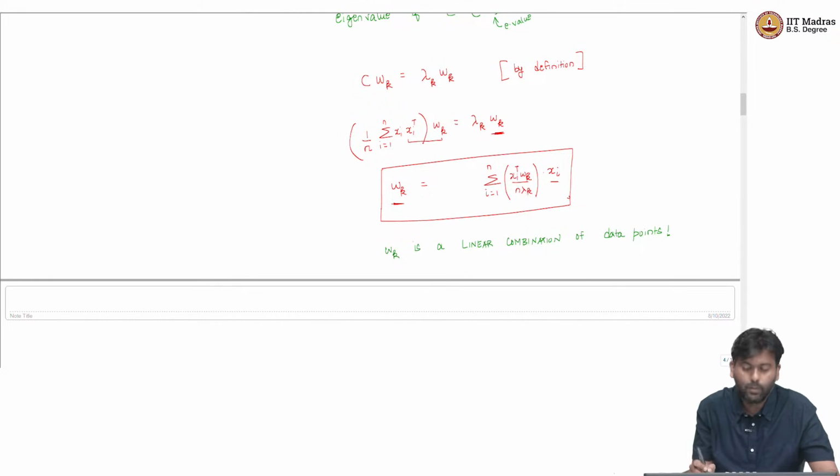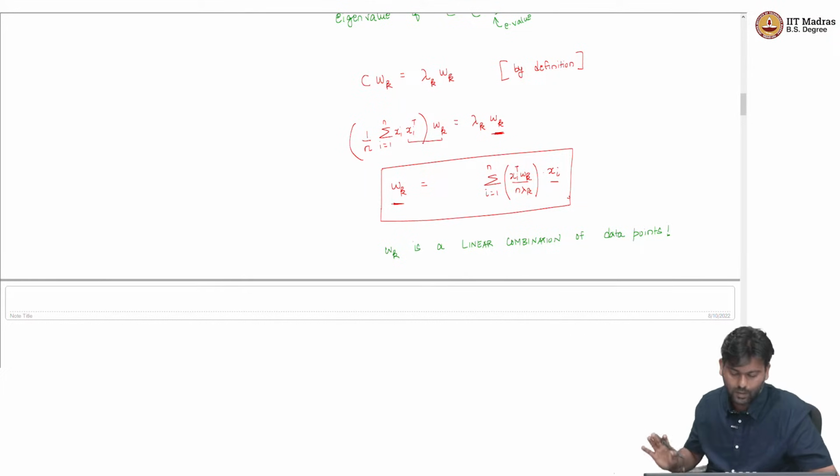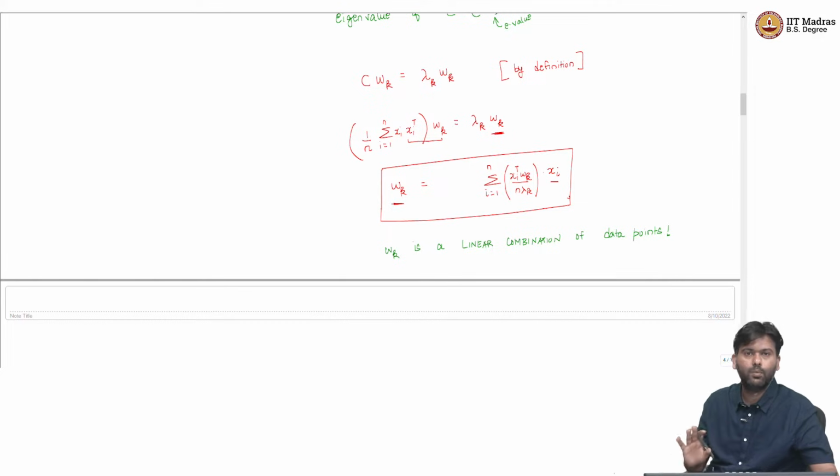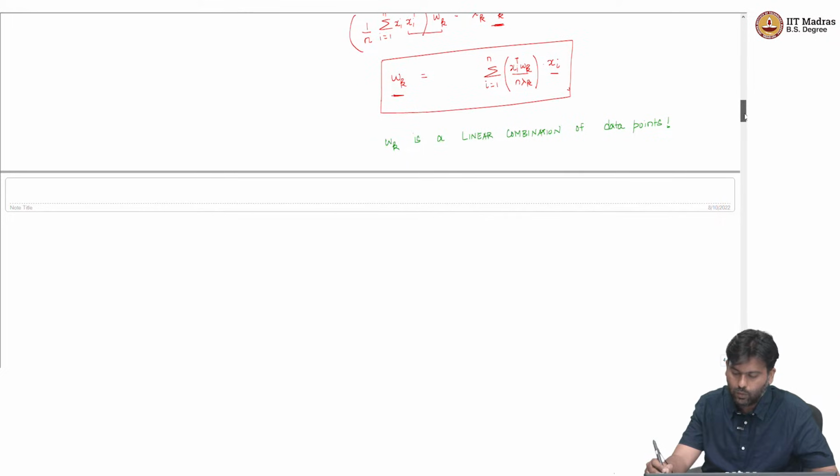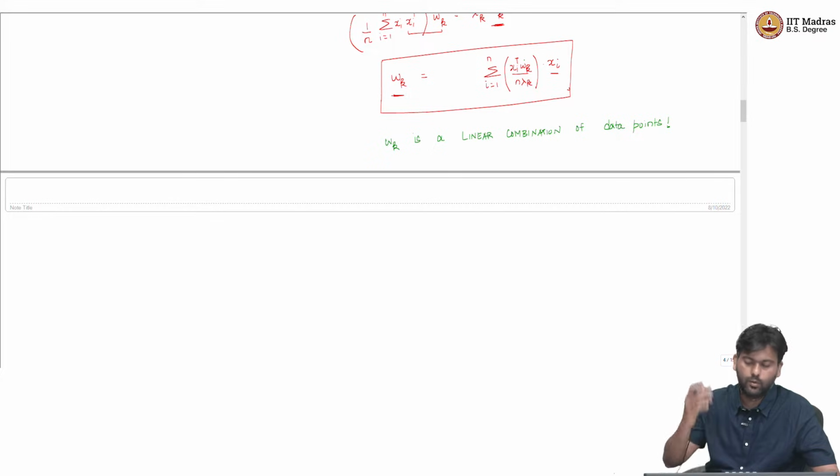So we are going to assume lambda k is not 0. Let's do that without loss of generality in this particular case, because otherwise this is going to be infinity, and then that won't make sense. But for lambda k not equal to 0, this is true.